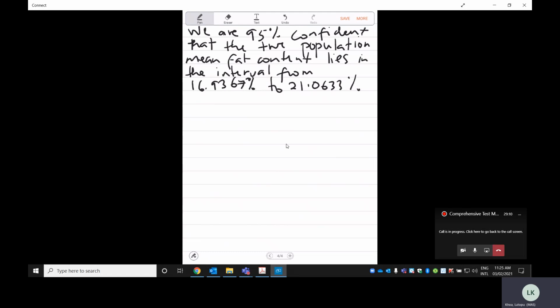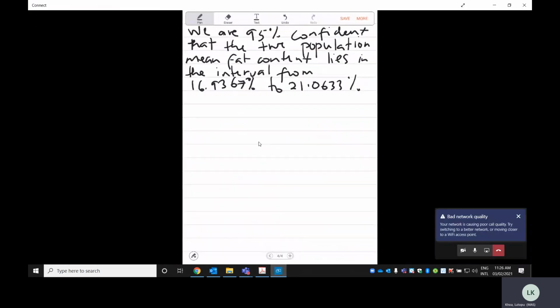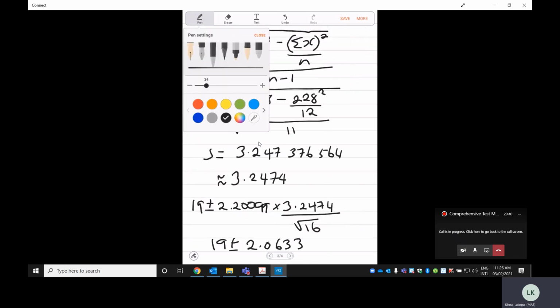Now let's look at how the marks are allocated. Okay, this question, let me see. This was worth 5 marks. Okay, so you can write it a little bit differently, but everything should be worked out. Everything should show. So it might not be in the same order that I have done it, but I must be able to see everything. So the first mark is for the formula.